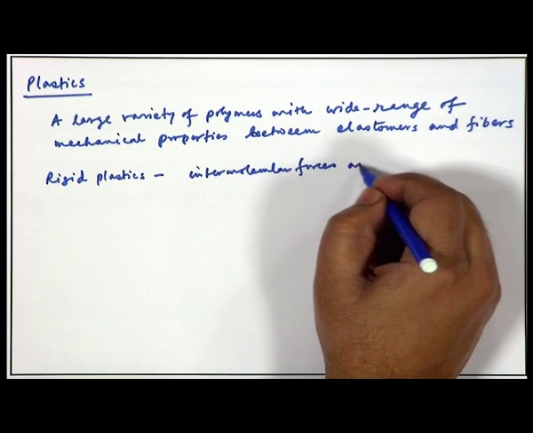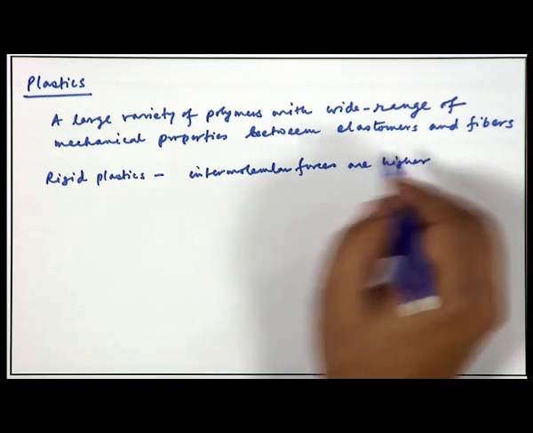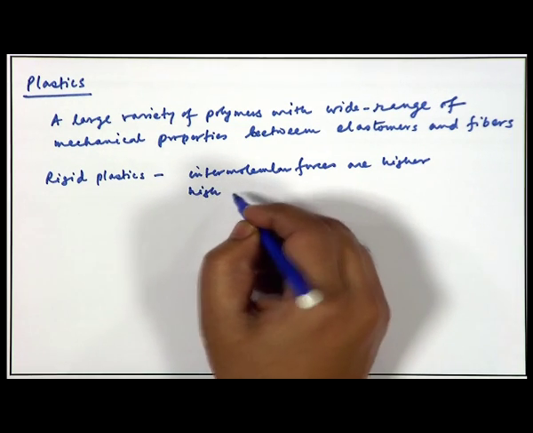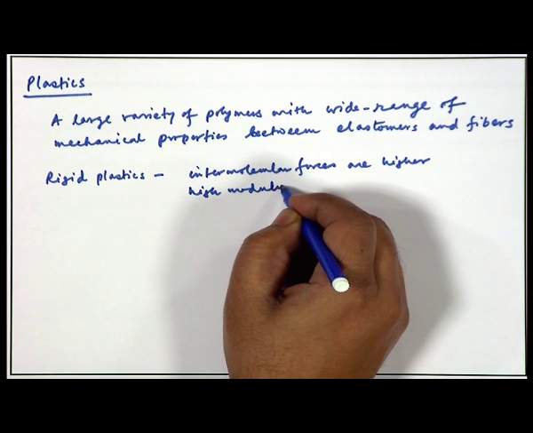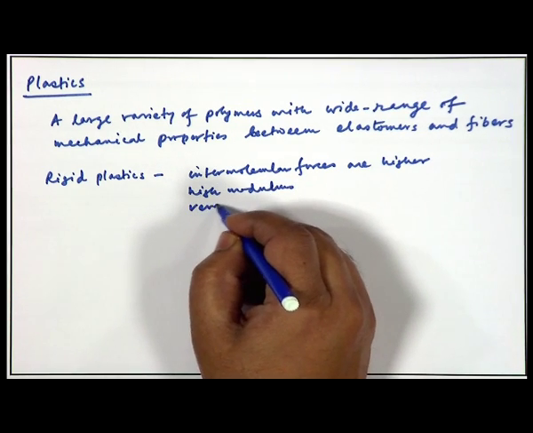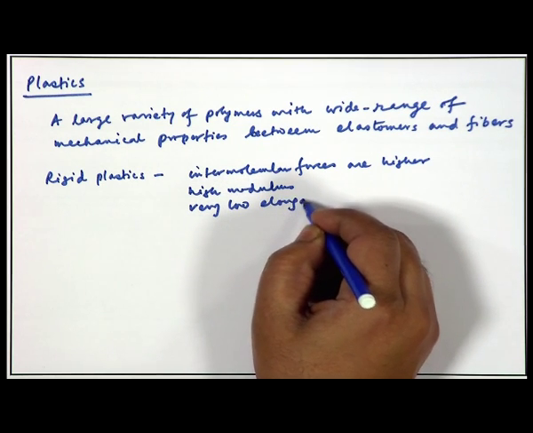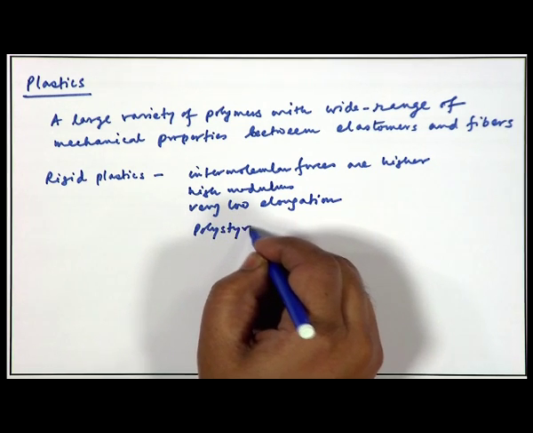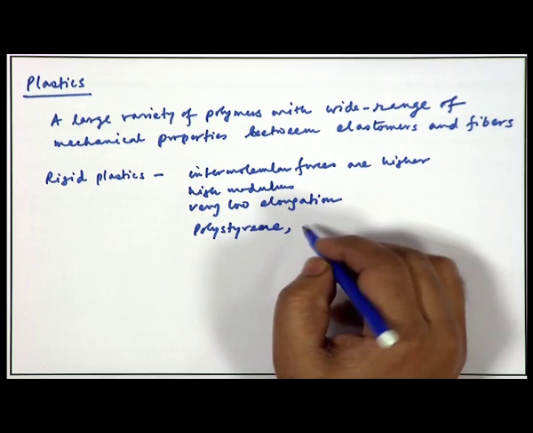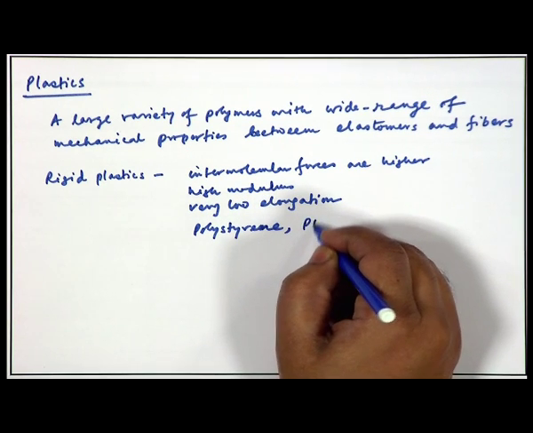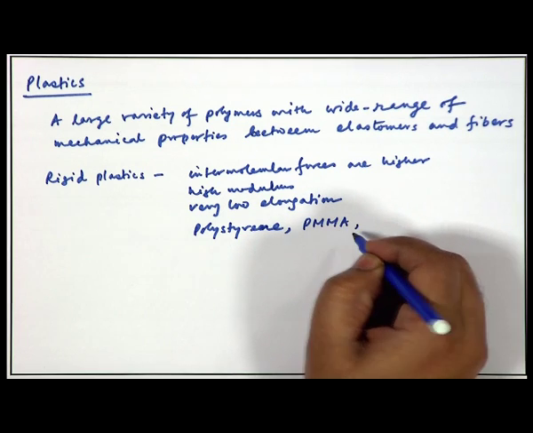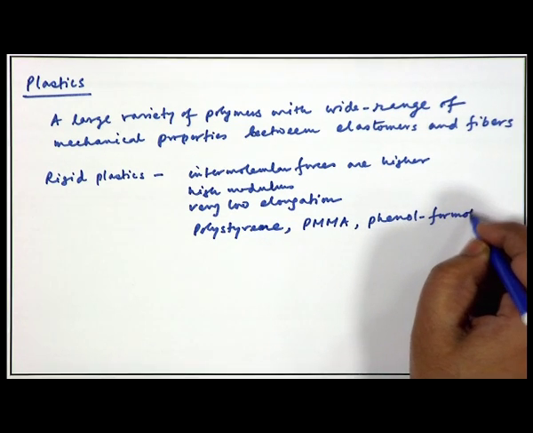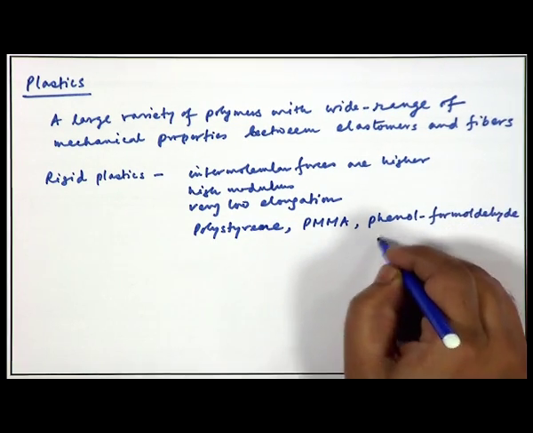As a result they will have high tensile strength, high modulus rather, and they have very low elongation. Examples could be polystyrene, PMMA, which is polymethyl methacrylate, and phenol formaldehyde resin.